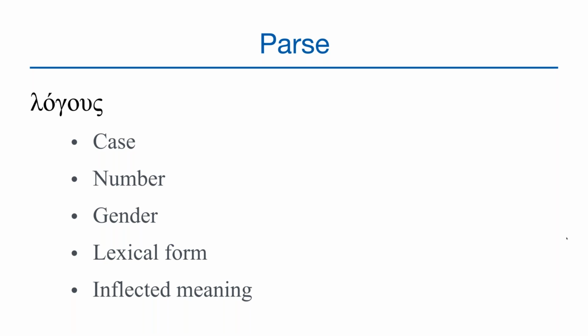All right, so we see here our word is logos. What is the ending? Well, let's start off with this. Can you tell what the stem of logos is? Logos, word. So that's going to be down here.